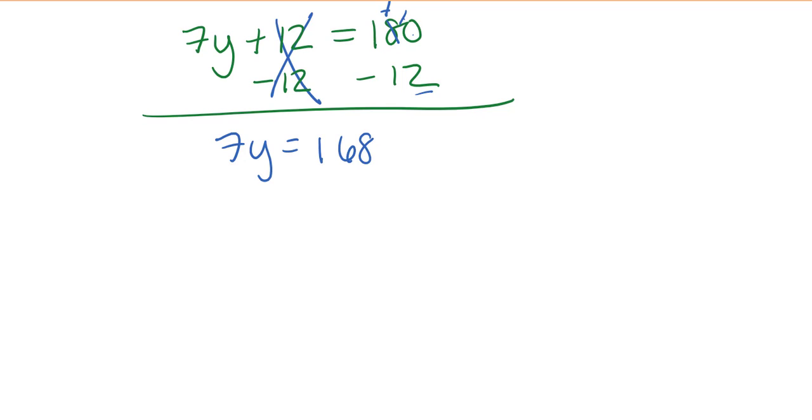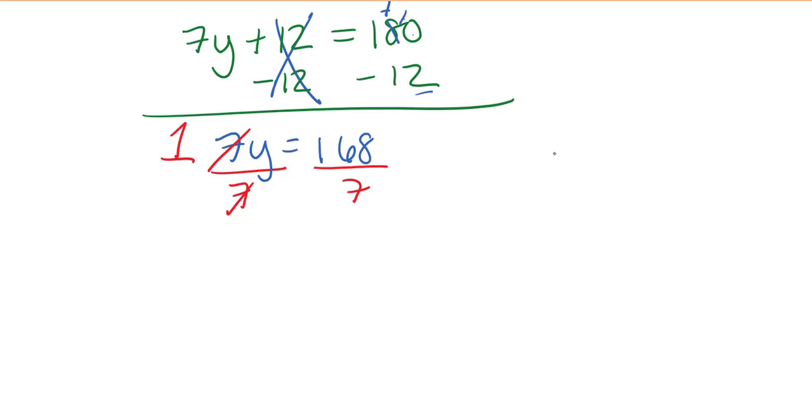So now we have 7y is equal to 168. So we just need to go ahead and divide by 7 on both sides, right? Because this just becomes 1, because 7 divided by 7 is just 1. So now you have y is equal to 168 divided by 7.